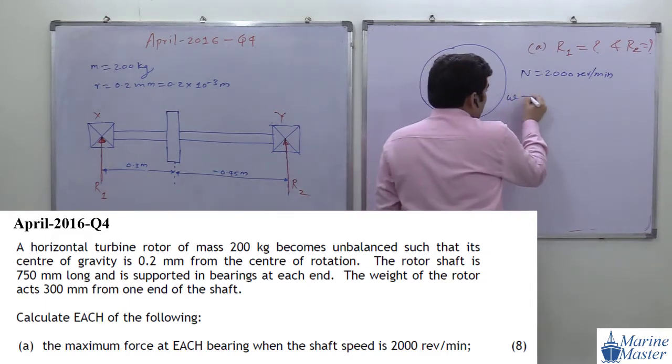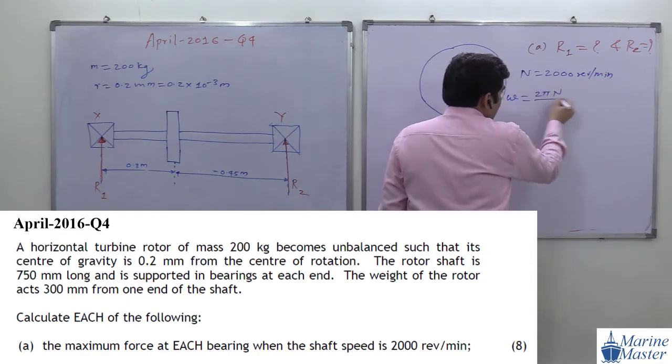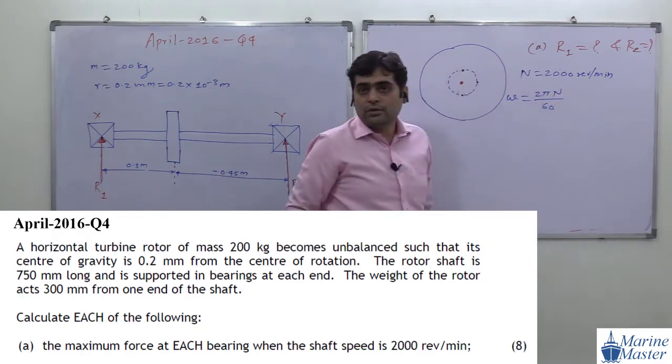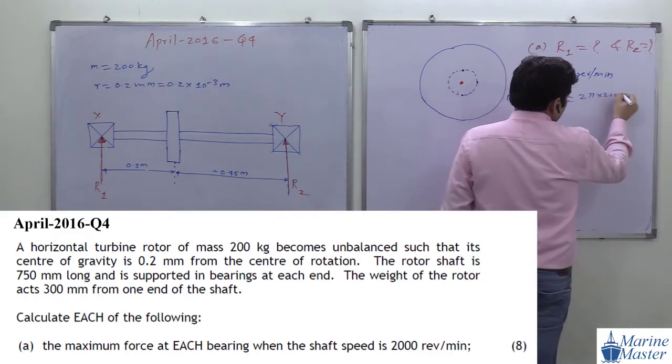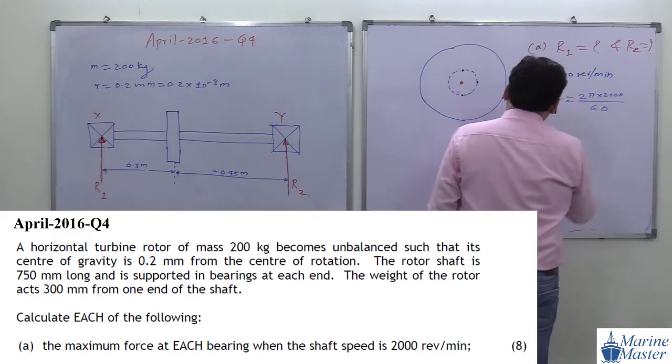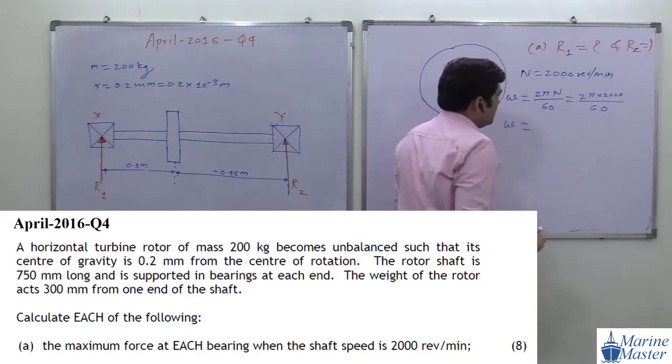So N is 2000 rpm. Omega will be equal to 2 pi N by 60, so 2 pi into 2000 divided by 60. So what will be omega?